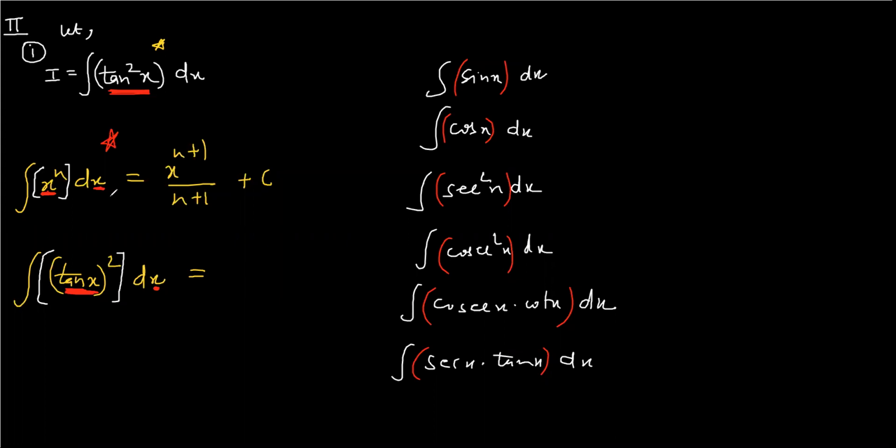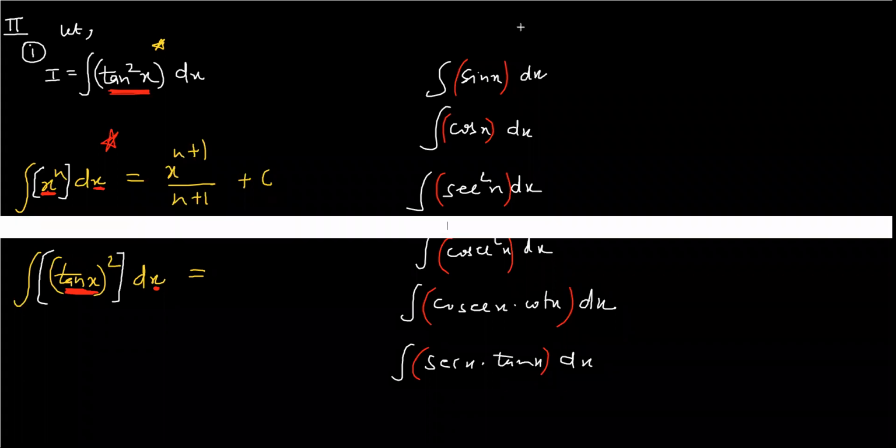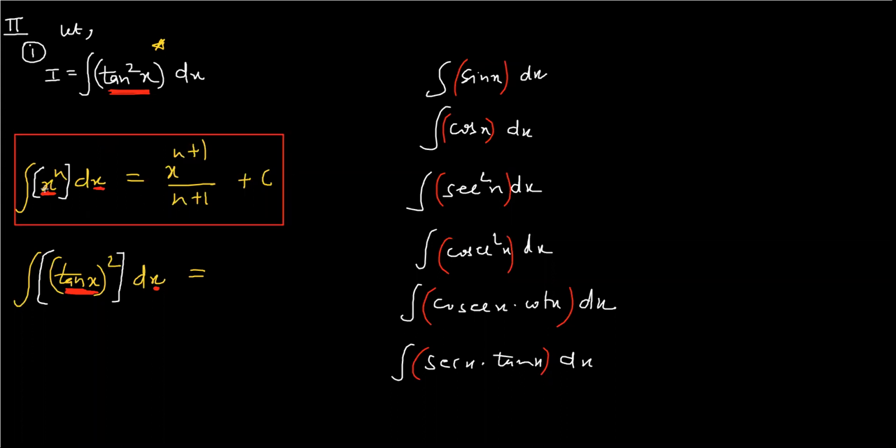All these results are very specific. You cannot apply this result everywhere. Variable raised to constant is applied only when the variable is x, or, using the theorem which I taught in the beginning of the lecture, when x is replaced by ax plus b.